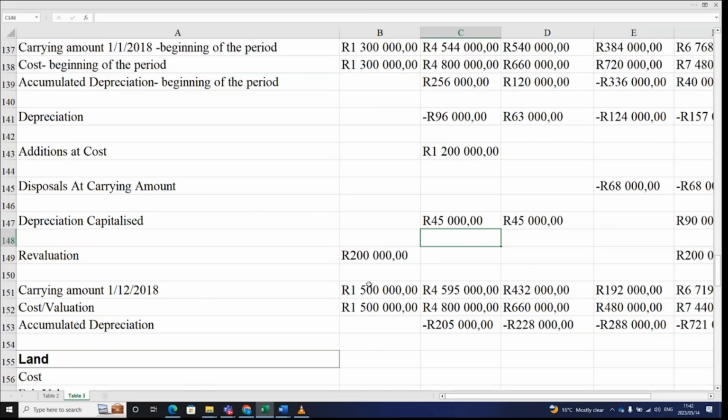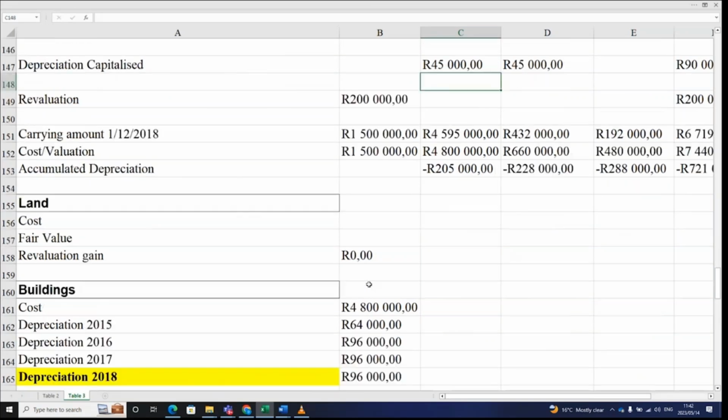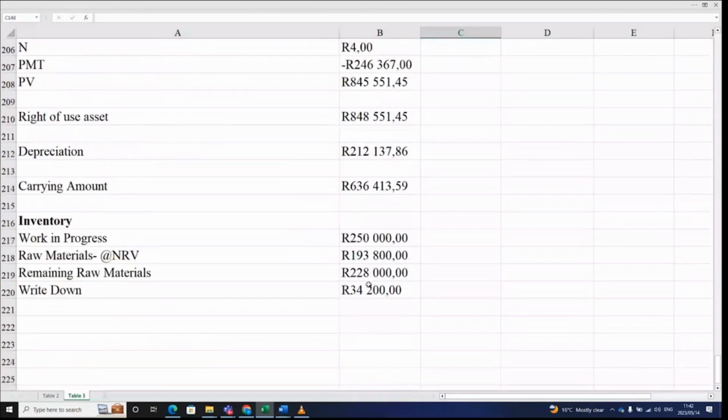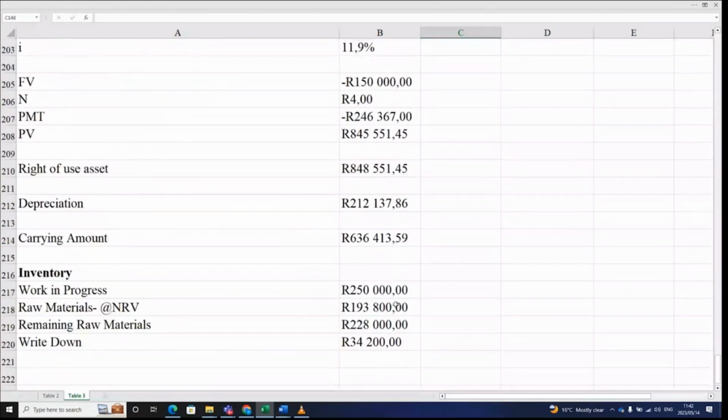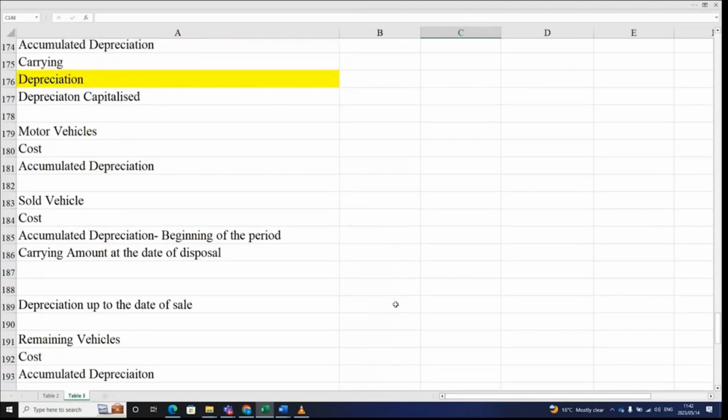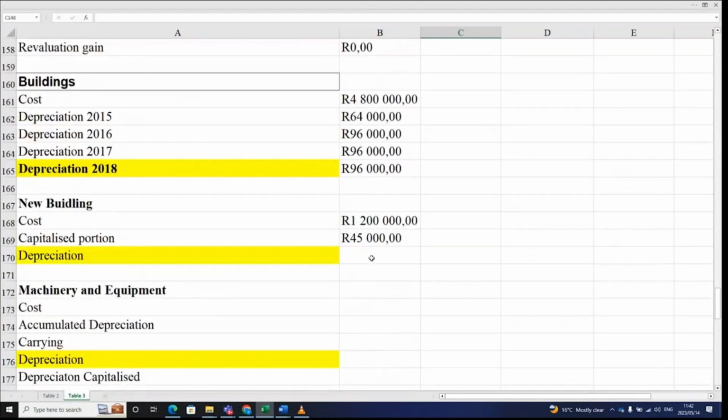To work out this depreciation, we need to know when this was brought into use, and it was brought into use after 5 months, so it's only for a period of 7 months.